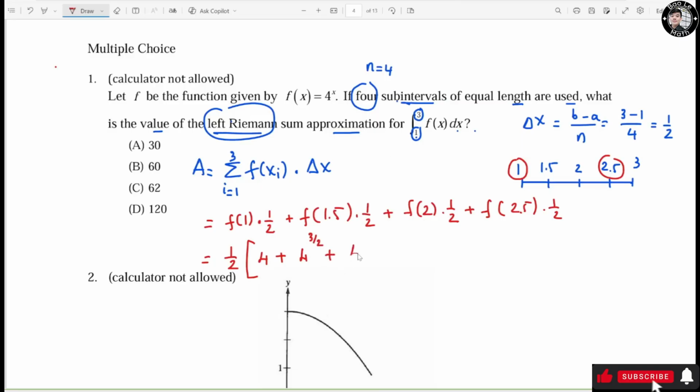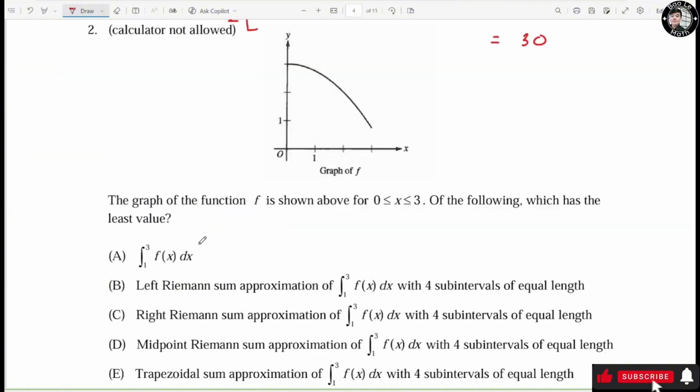So it will be 1/2 times 4 plus 8 plus 16 plus 32, and that's going to be 30. The answer must be A.